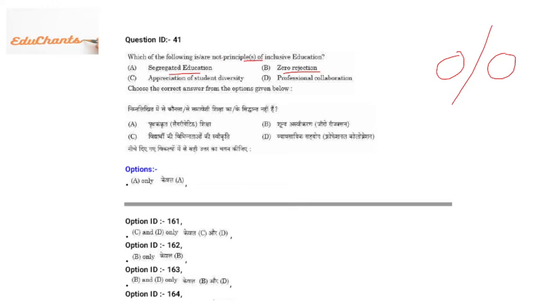It is asking which is not a principle of inclusive education, but zero rejection is a principle. Appreciation of student diversity is a principle. Professional collaboration is a principle of inclusive education. So segregated education is not a principle. First will be the right answer, A.